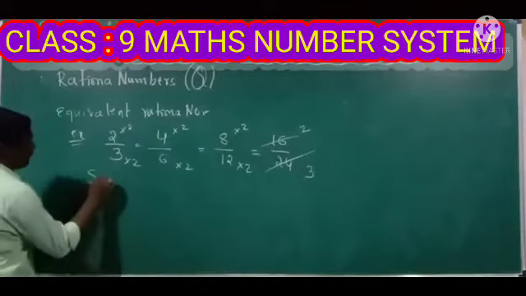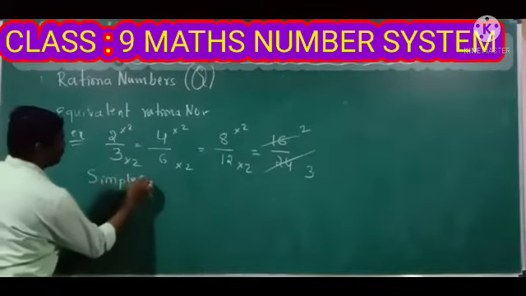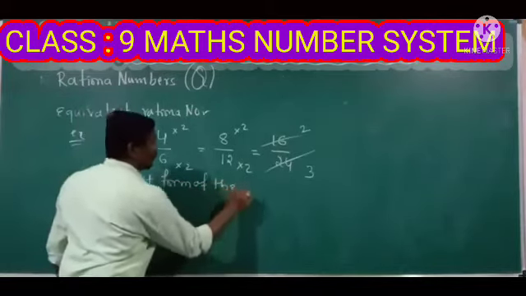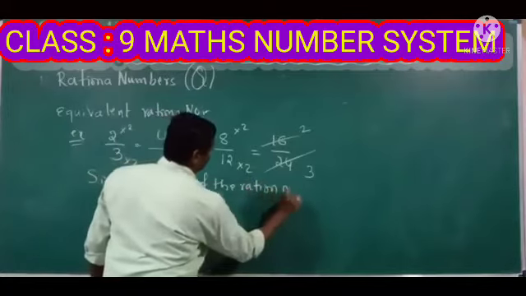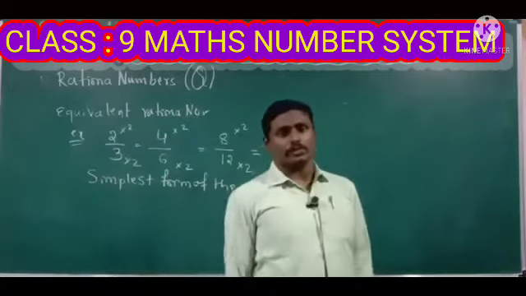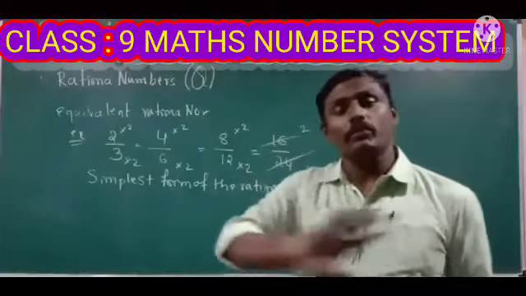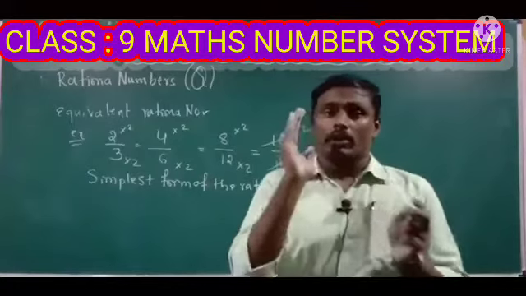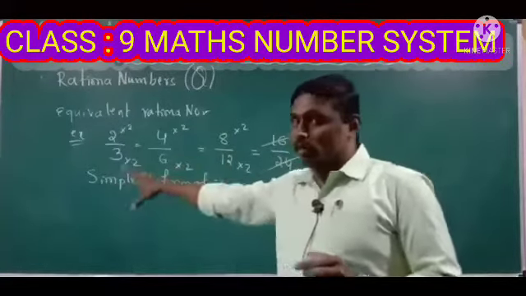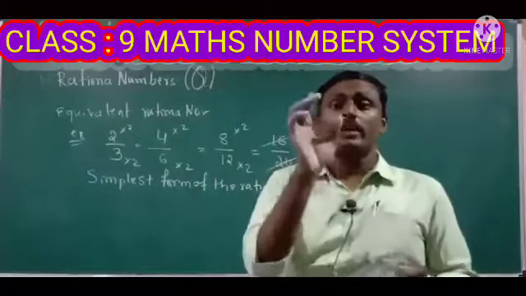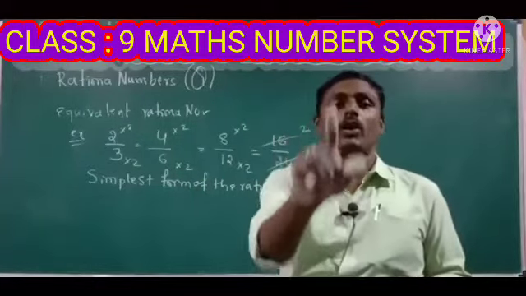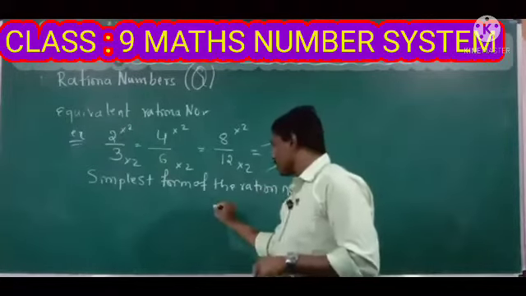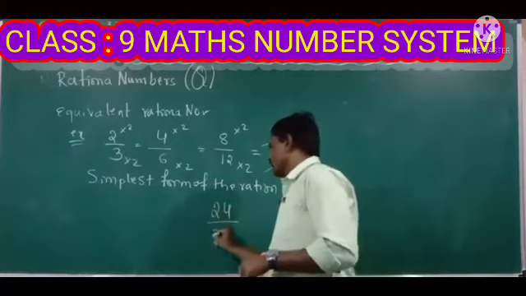Next one, simplest form of the rational number. Simplest form means we cannot reduce the given fraction further, and when we convert the given fraction into simplest form, their common factor is always 1 only. For example, take 24 by 36.